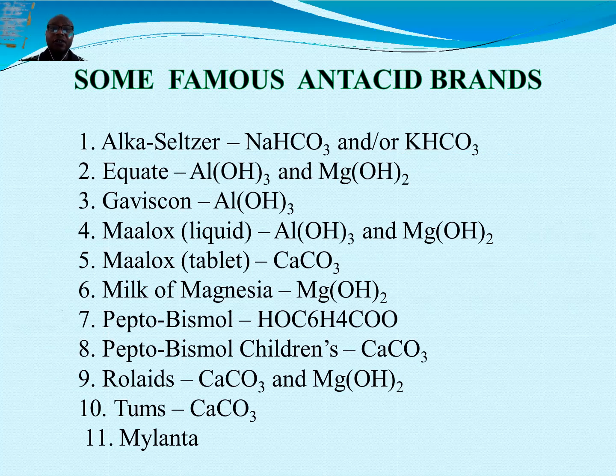We have Maalox tablet, which contains calcium carbonate. We have milk of magnesia, which contains magnesium. We have Rennie, which contains calcium carbonate and magnesium hydroxide. We have calcium carbonate, and also Mylanta.